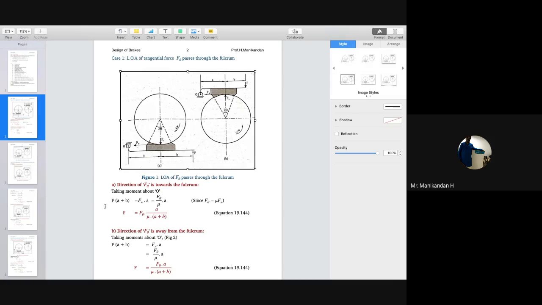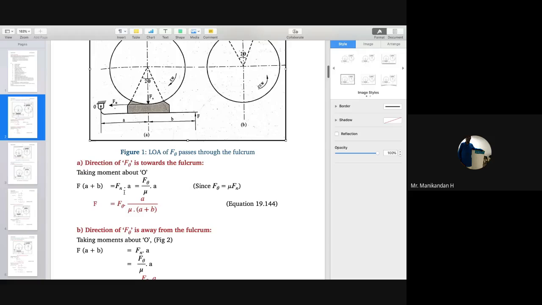As I told you earlier, F theta is equal to mu into Fn, or Fn equals F theta by mu. Substituting it here, F theta by mu into A. From this we can find the applied force F equals F theta into A by mu into A plus B. That is equation 19.144.